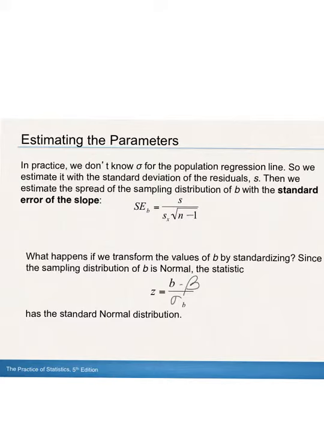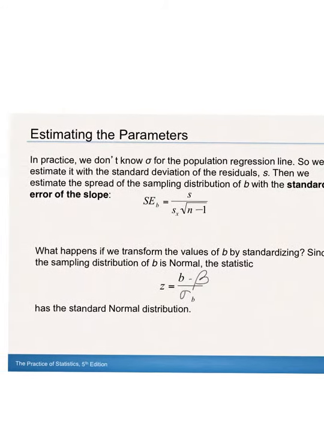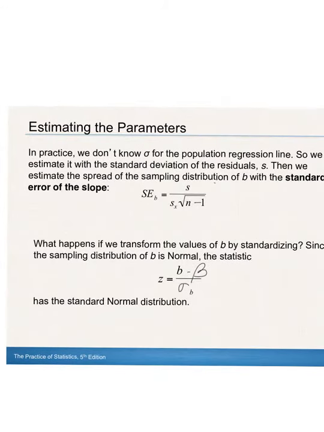That comes from the standard deviation of the residuals divided by the standard deviation of the x value, the explanatory variable, times the square root of n minus 1. And the standard error just tells you, after lots and lots of simulations or looking at lots and lots of samples, the error in the slope is going to be this number, whatever the standard error is.